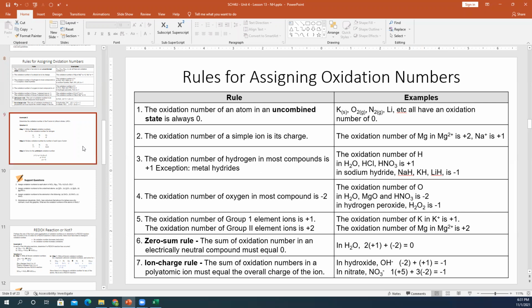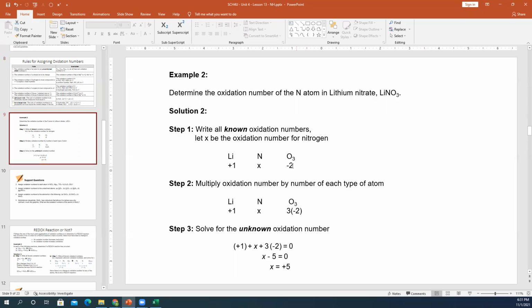So in this molecule, it will have an oxidation number of -2. What we don't know is the oxidation number for nitrogen in this molecule. And sometimes the oxidation number for nitrogen might be different depending on what compound it occurs in.